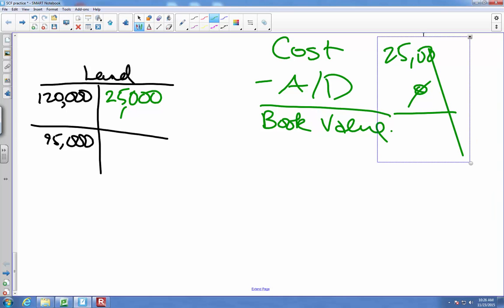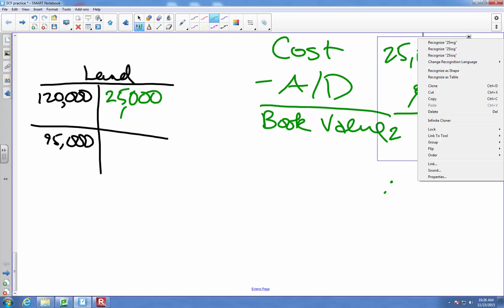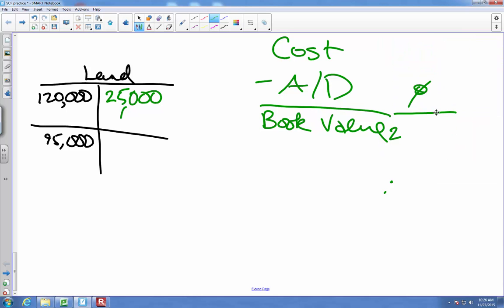With land, it's a pretty easy calculation because you don't have any AD. You need to reacquaint yourself with this concept because this will be pretty integral when we start looking at buying and selling equipment.